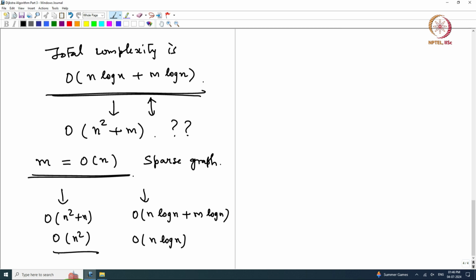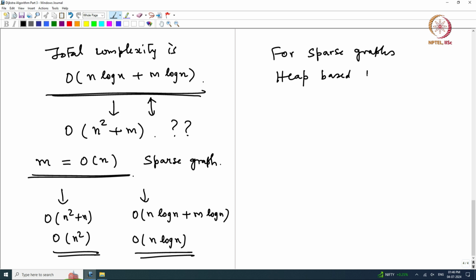So, you see that our array based implementation is n square, heap based implementation is n log n. So, for sparse graphs, heap based implementation is faster.